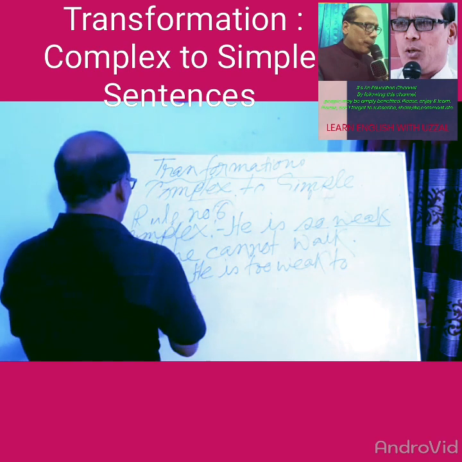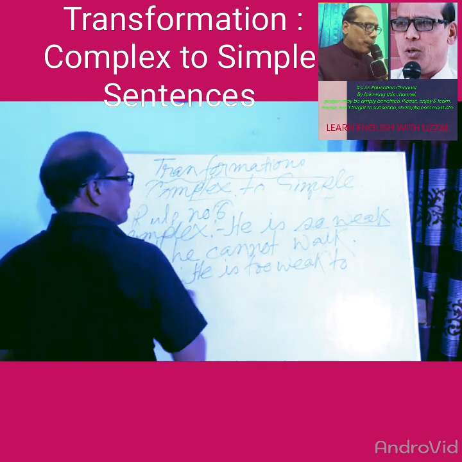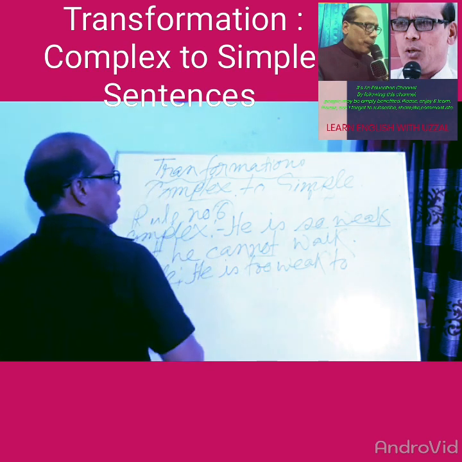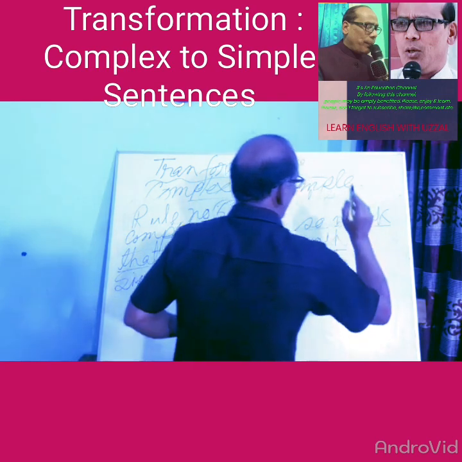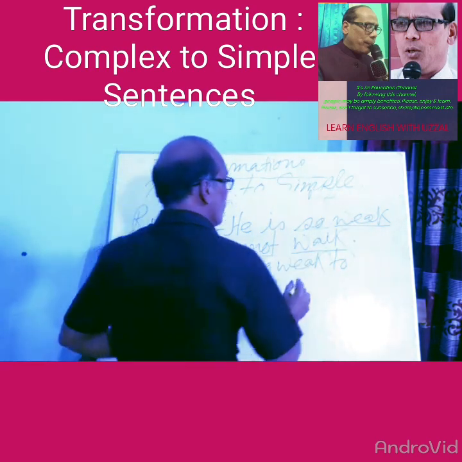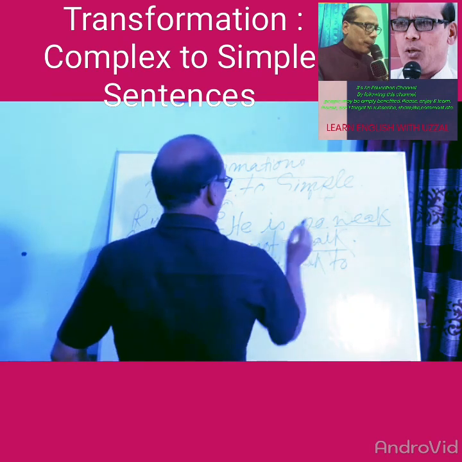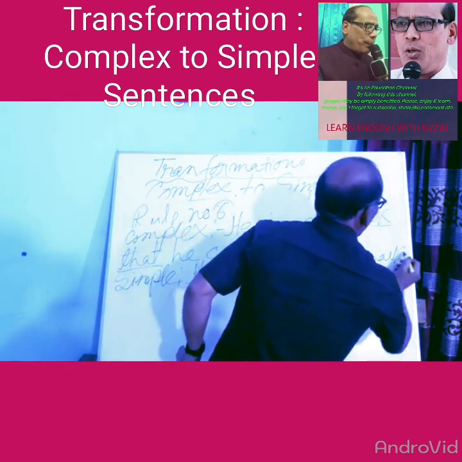After "to", the subject is not used, and the helping verb and negative form "cannot" cannot be used. There remains the last word, the verb "walk", the main verb. So we'll have to use only "walk". He is too weak to walk.